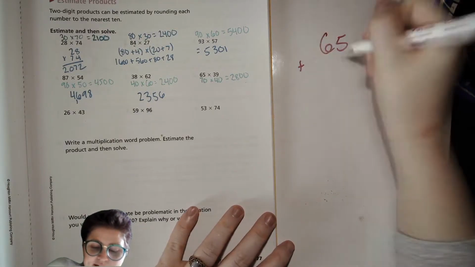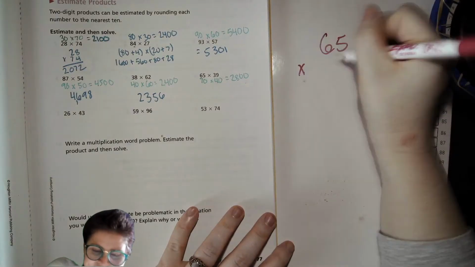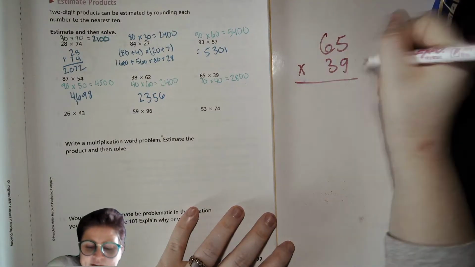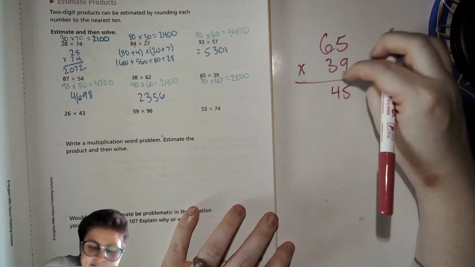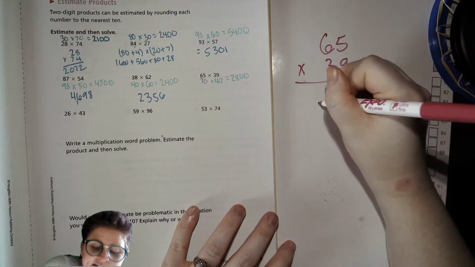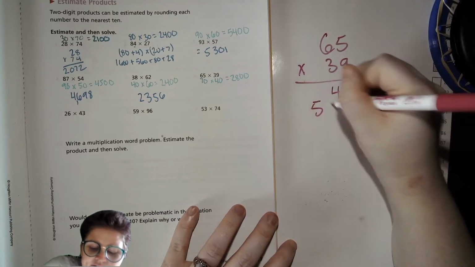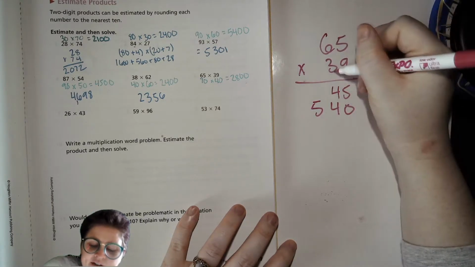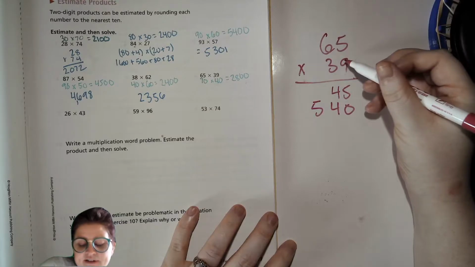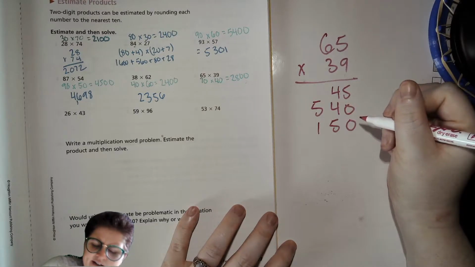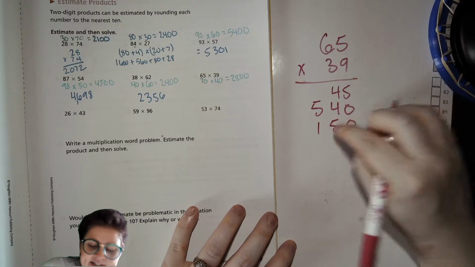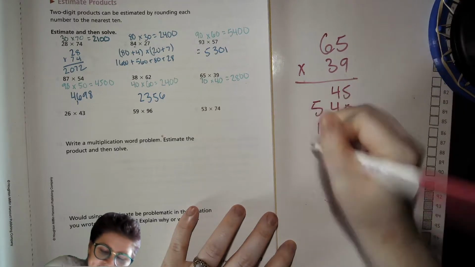65 plus 30 times 39. All right, 9 times 5 is 45, and 9 times 60 is 540. 30 times 5 is 150, right? Yeah. And then 30 times 60 is 1,800.